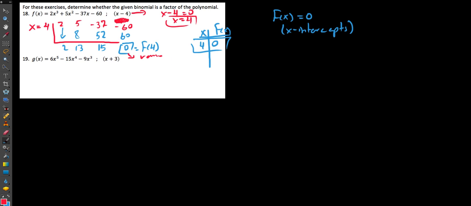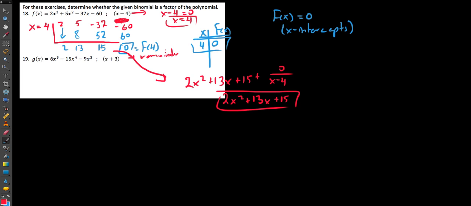If I were to write a conclusion here, I would say first of all what we got was, and sorry I just don't have a lot of room here on my canvas, 2x squared plus 13x plus 15 plus 0 over the thing we were dividing by, which is x minus 4. And 0 divided by anything is really just 0. So what we get is 2x squared plus 13x plus 15, and because the remainder was 0, we would say that x minus 4 is a factor.